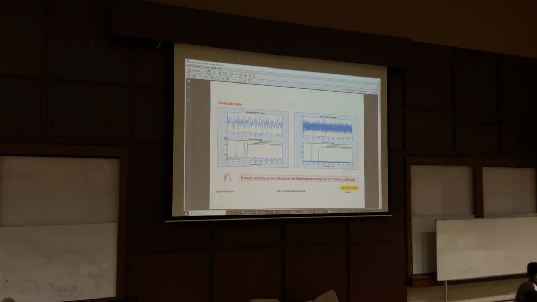Then you see the spectrum here, and it shows me, okay, there are a lot of frequencies which are related to the noise. And here we have 3 peaks, and that means we have 3 main frequencies, and they are shown in the spectrum.